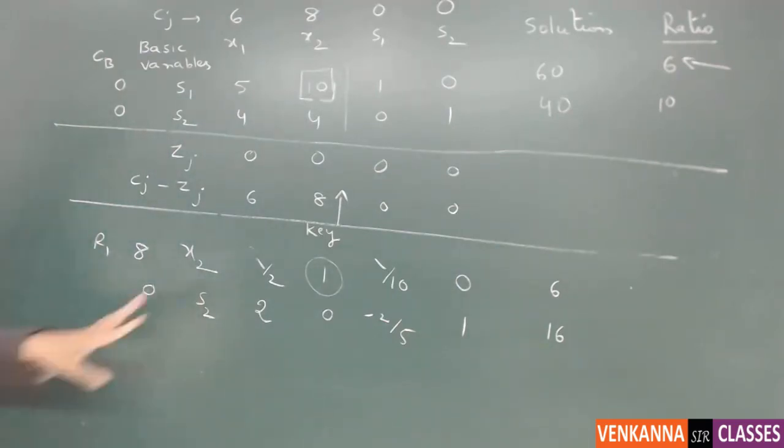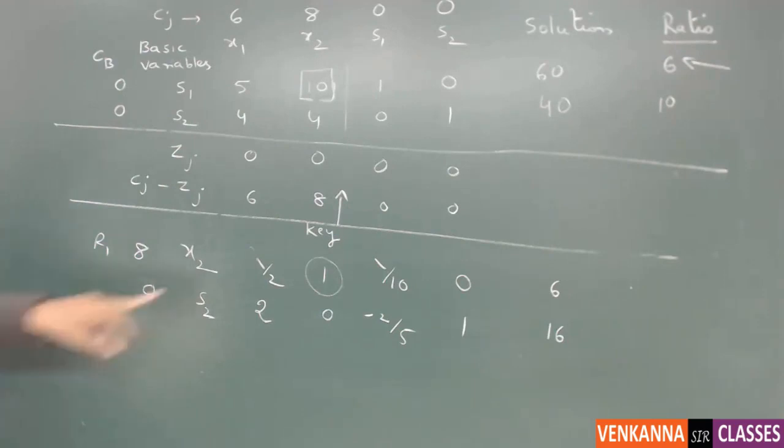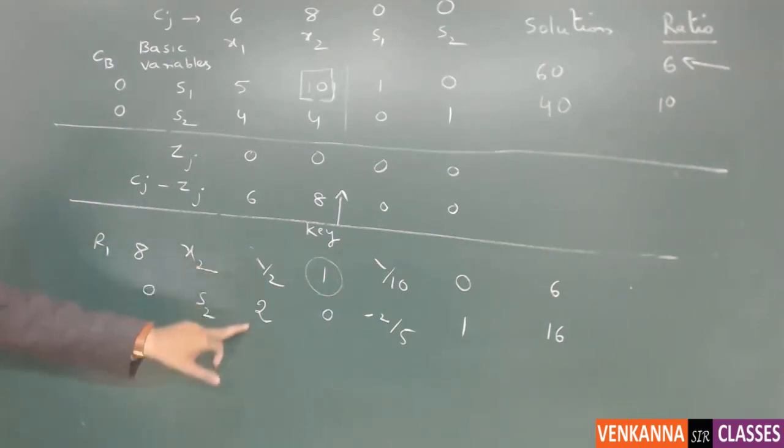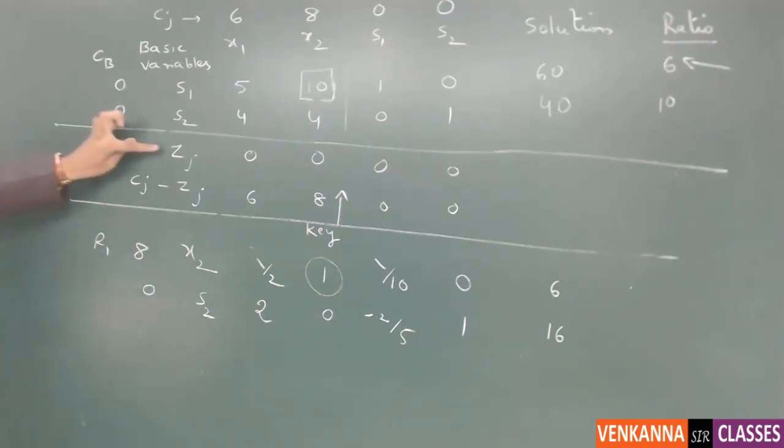Is it clear for everyone how the first row is modified and the second row is modified? Yes or no?